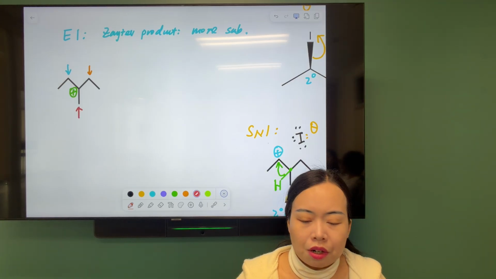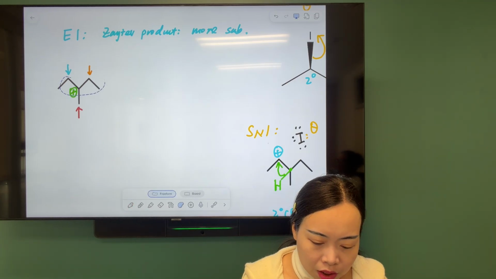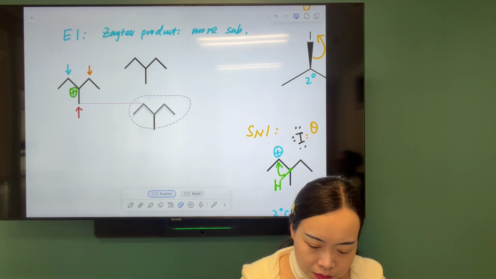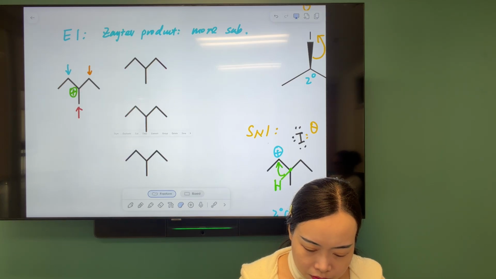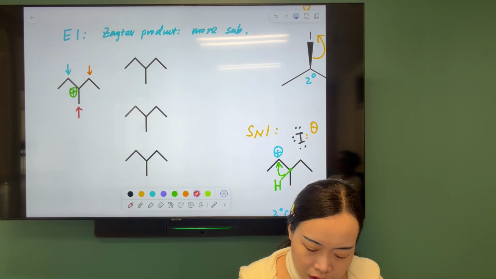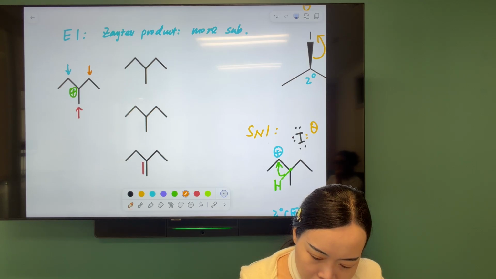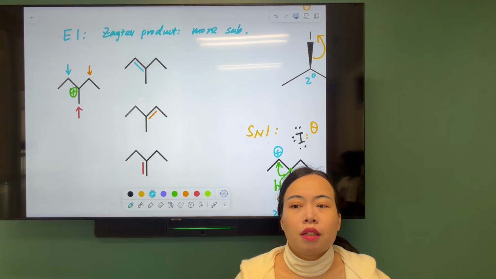This 3 carbon is adjacent to my central carbon, which means theoretically I can form a double bond here, orange, double bond here, which should be the same as if I do it here, okay, right?